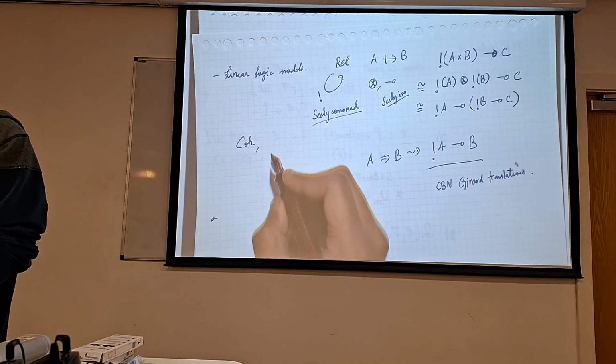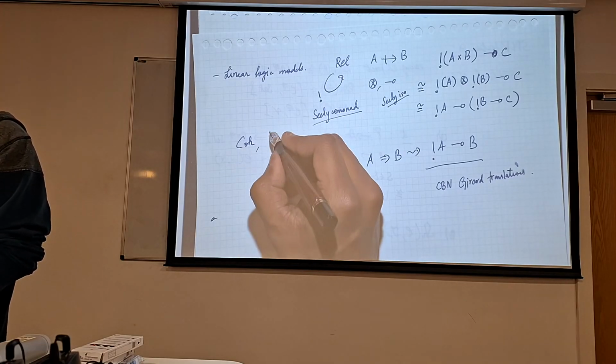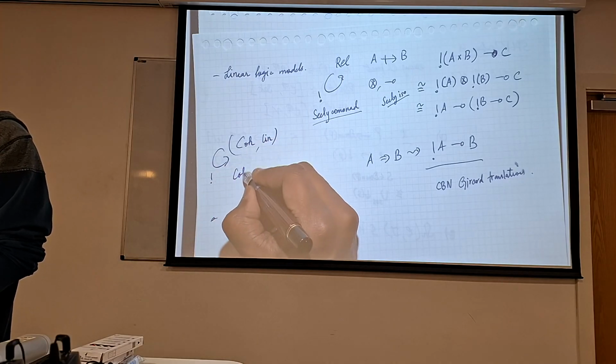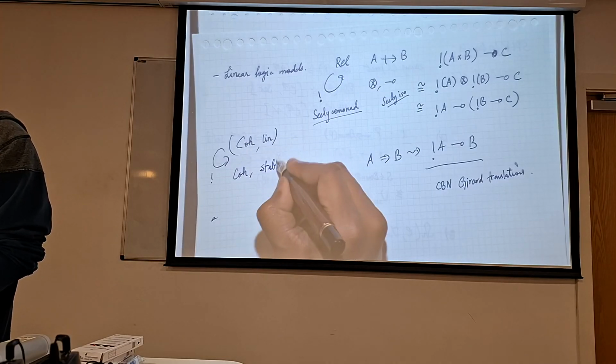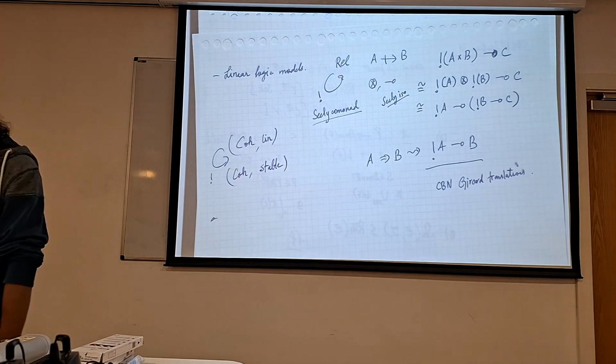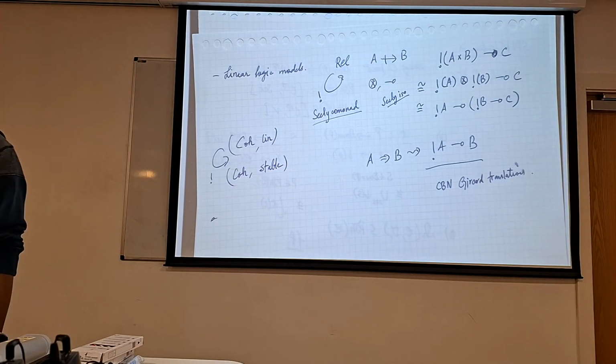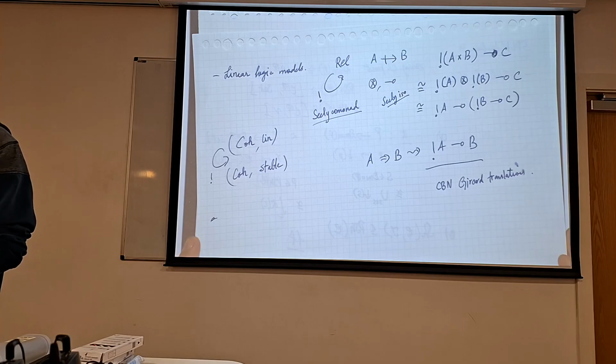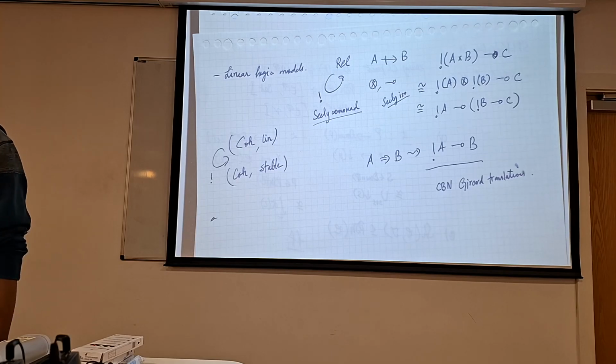Coherent spaces and linear maps is a category, and on it you have a bang, which is coherent spaces and stable maps. These stable maps are models for sequential algorithms. So there's a huge number of CCCs that you can generate from linear logic models.